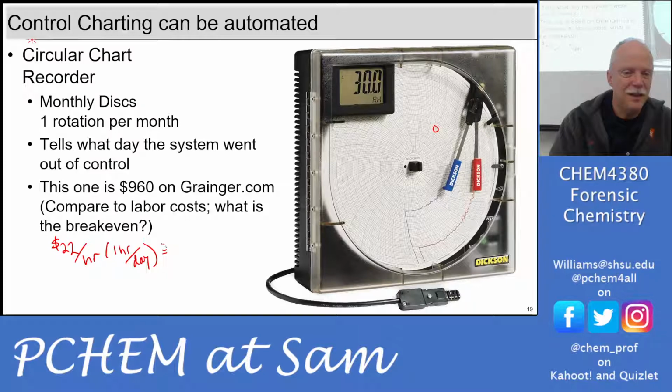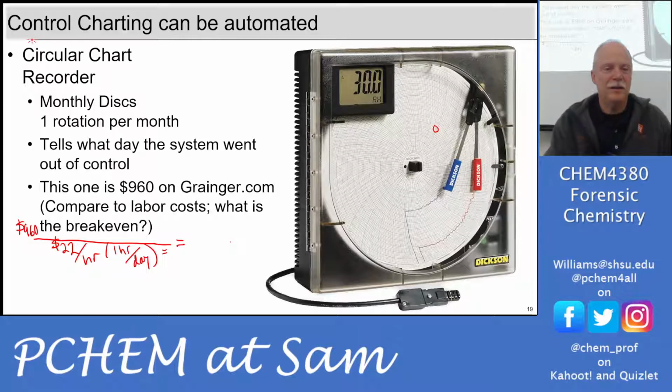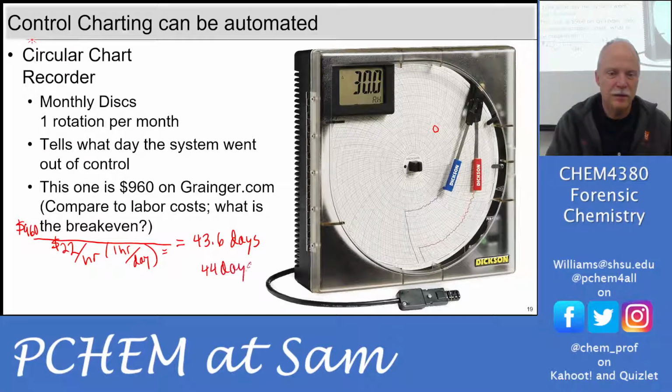Then we're going to take this number here and divide 960 by that number. All right, so somebody divide 960 by $22. 43.6. Okay, we round up to 44 days. So you're going to break even at 44 days.